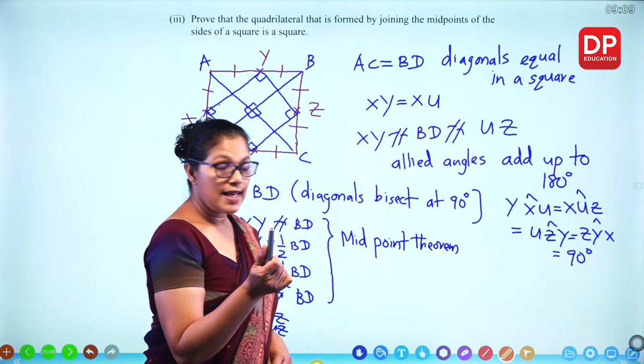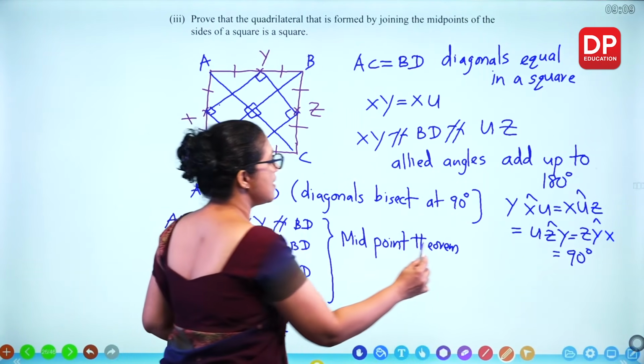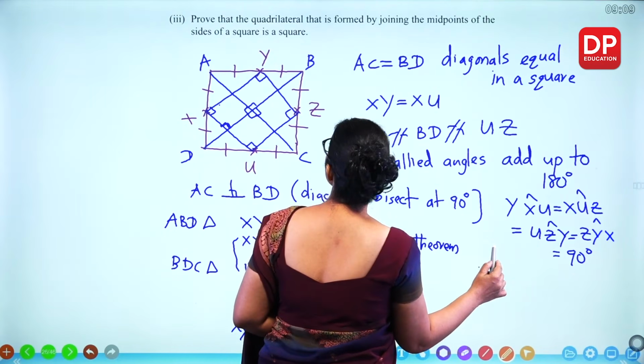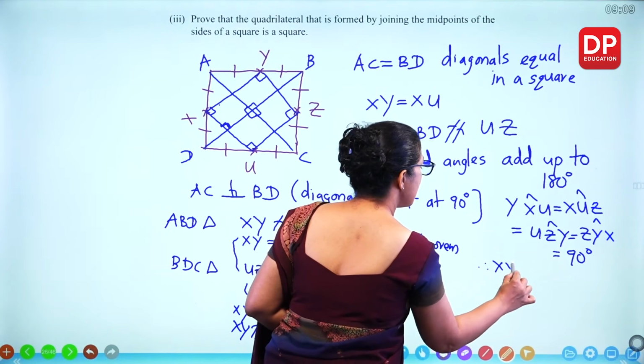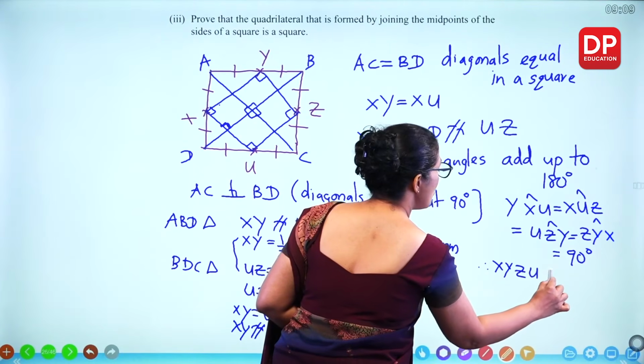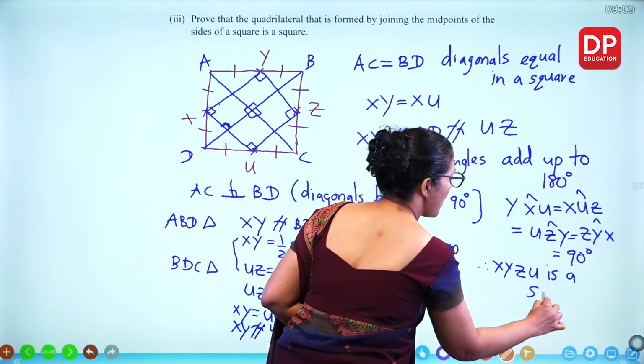So all sides are equal and 90 degrees. Therefore, XYZU is a square.